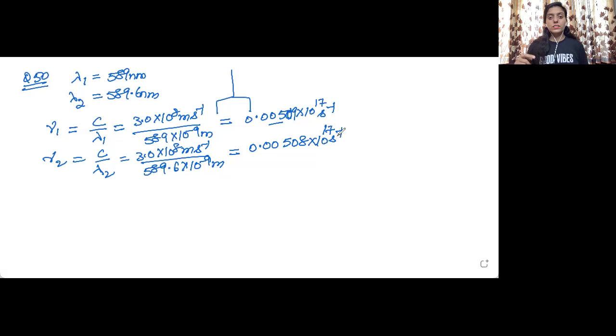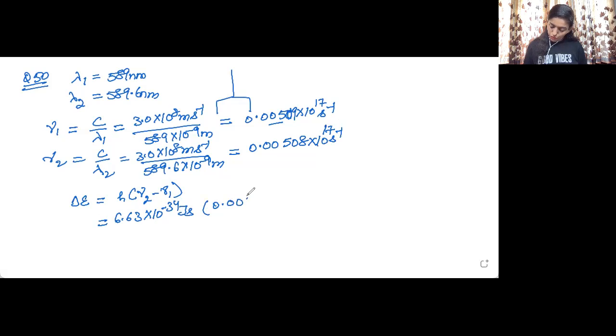Now we need to find out the energy difference. So ΔE, the energy difference, will be equal to h times (ν2 minus ν1), that is 6.63 into 10 raised to the power -34 joule second times (0.00508 minus 0.00509) into 10 raised to the power 17 per second.